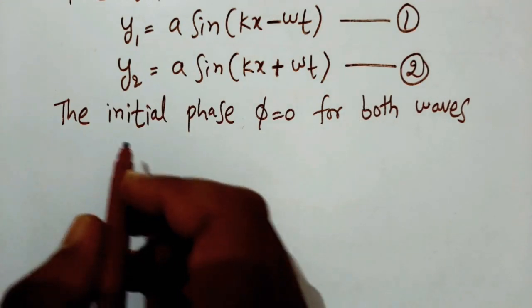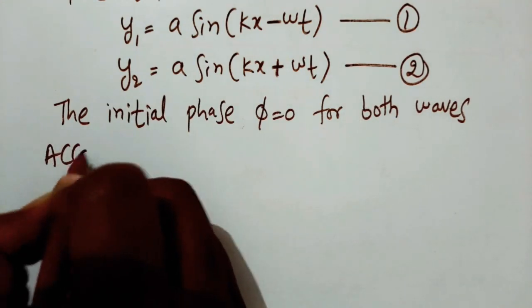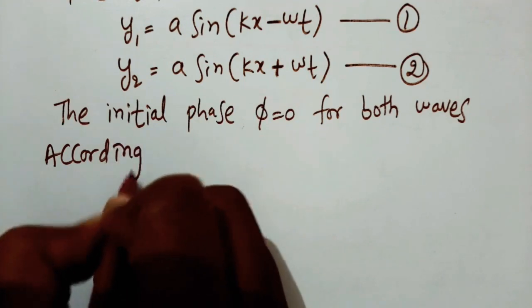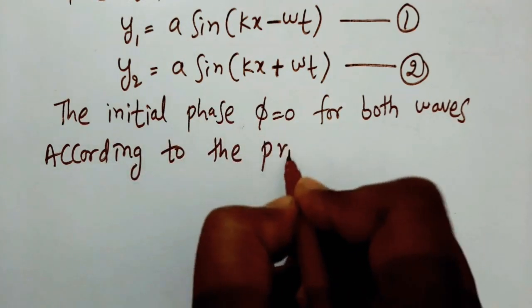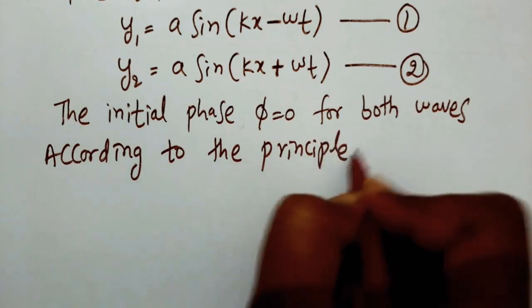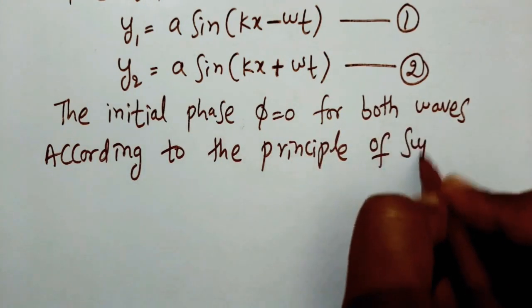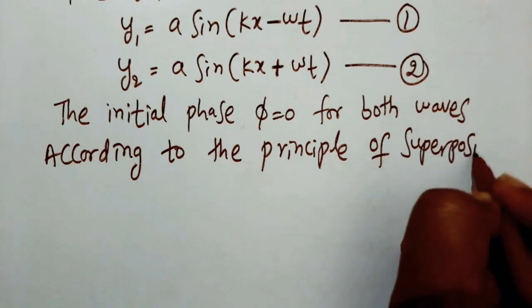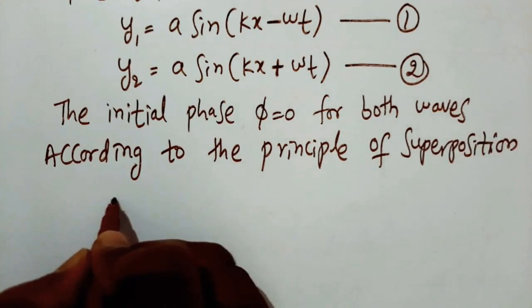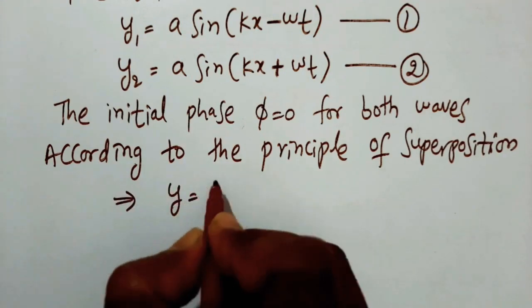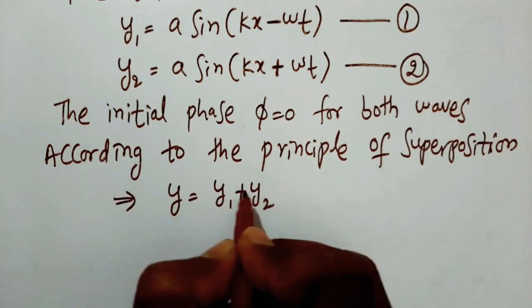According to the principle of superposition, the resultant displacement is y is equal to y1 plus y2.